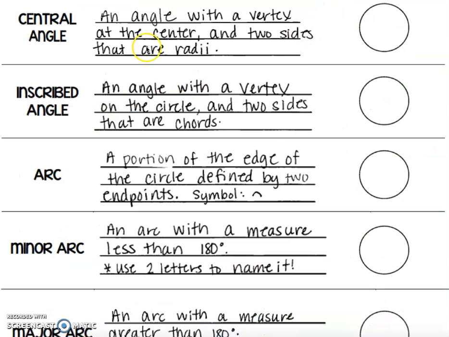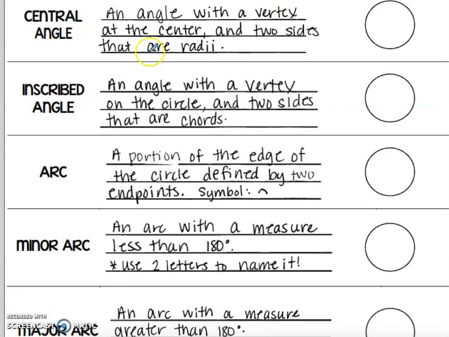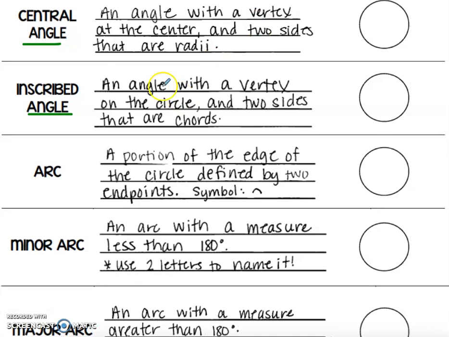All right, we've got a central angle next. So this has the word angle in it. So we're going to be talking about angles. So a central angle, center, it's going to be an angle with a vertex at the center. And then you're going to have two sides that are radii or a radius. So first put a center dot. And then you're going to draw one radius, one direction, and then whichever direction you want to draw the other radius.